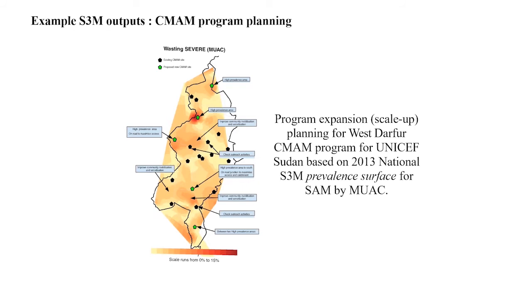Here we've identified the locations of existing CMAM OTP sites, and we've identified areas of high prevalence of severe wasting by mid-upper arm circumference. We decided to open an additional 4 sites at existing healthcare centres to attempt to bring the programme closer to areas where there are high levels of severe wasting.